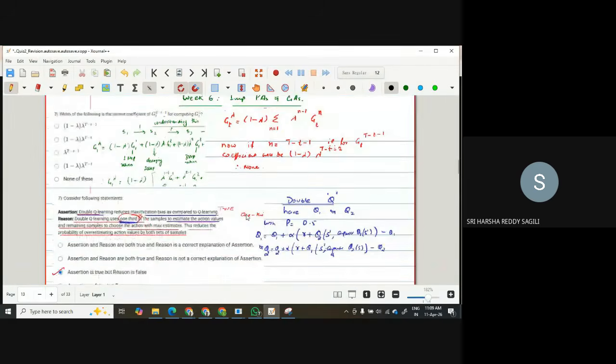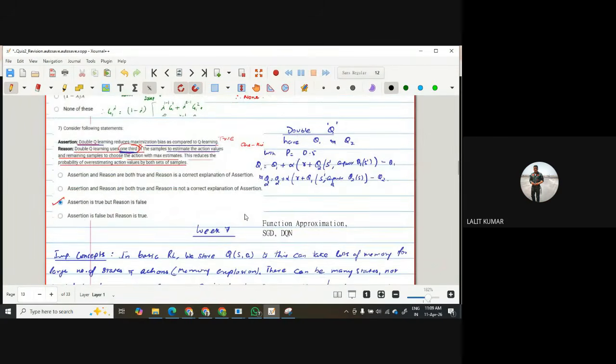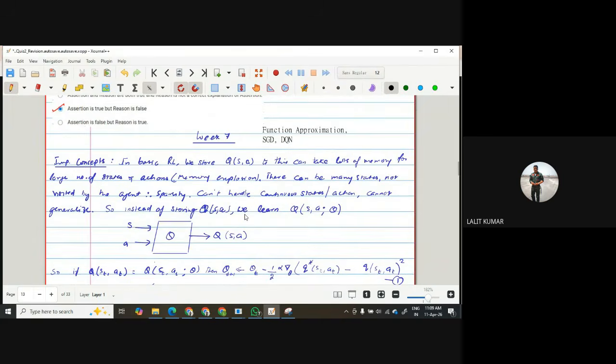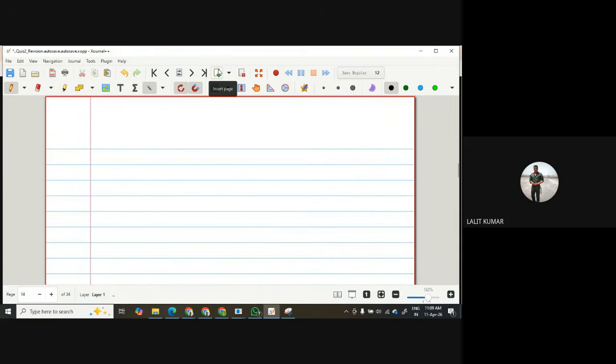Now we come to week 7. Week 7 starts by saying that till now, up to Q learning, SARSA, TD and all that, we used to store our values in a grid.